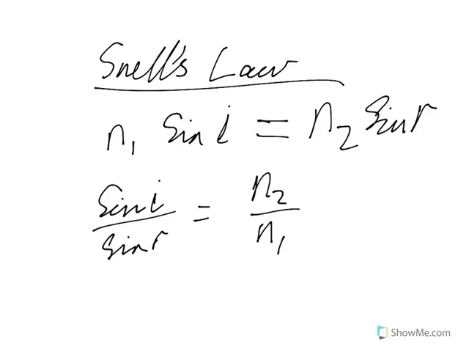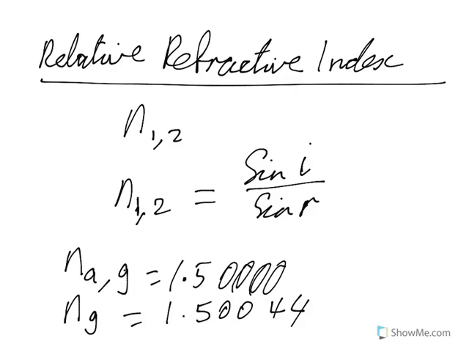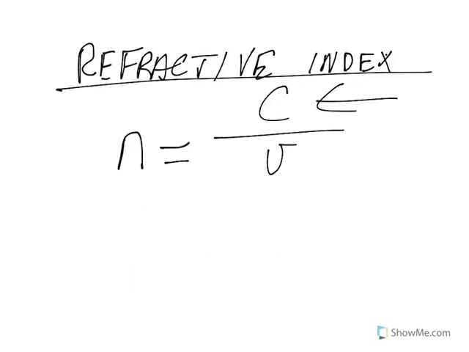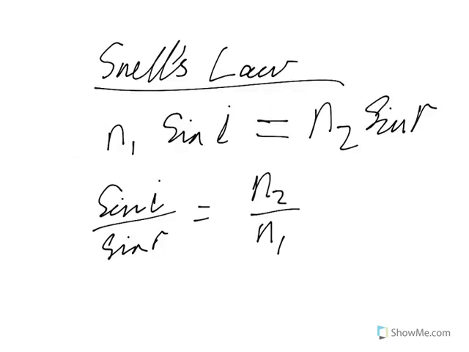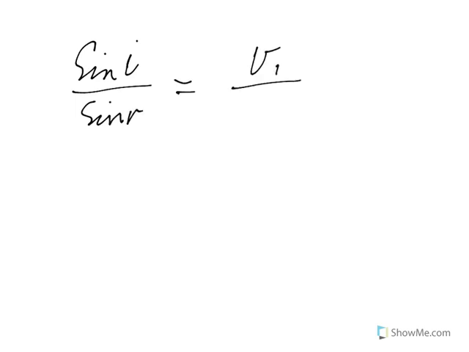Alright, this can also be linked to the speed of light, because remember, back here, our refractive index was related to speeds, the speed in a vacuum and the speed in the substance. So sine I on sine R could also be V1 over V2.